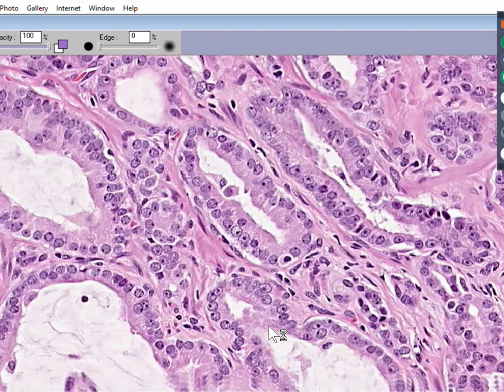Well, if the adenocarcinoma looked a lot like normal prostate tissue, you would say, well, it's a hard diagnosis because I'm not even sure it's malignant. Then you would say that this is a well-differentiated adenocarcinoma, and it would be what you might call a Gleason 3.